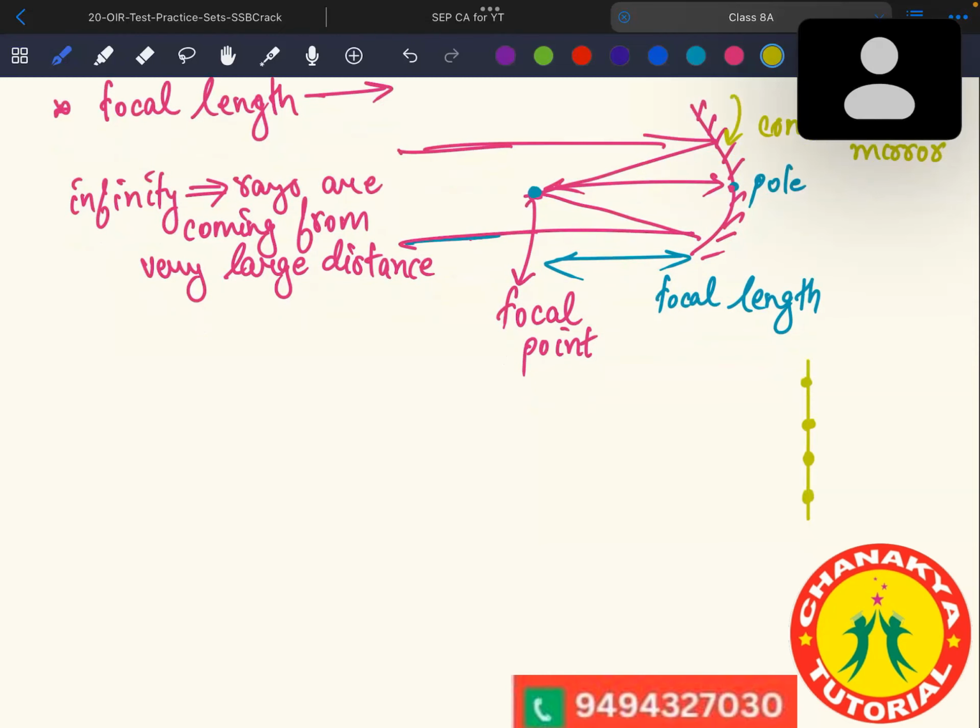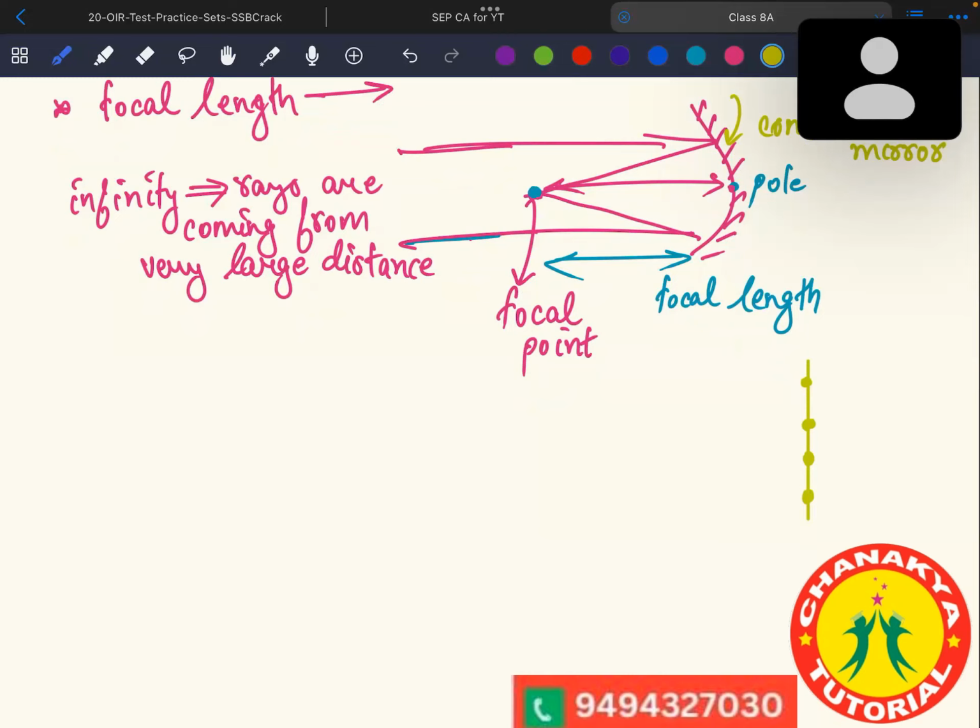So can we keep a point anywhere in the concave mirror as well? Can we keep the pole anywhere in the concave mirror? It depends upon the direction from which the rays are hitting the concave mirror.